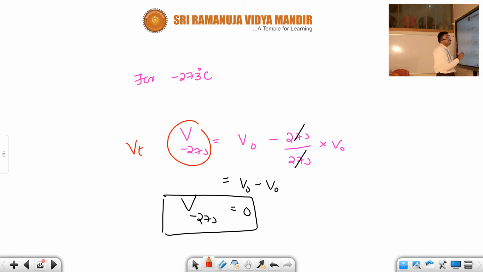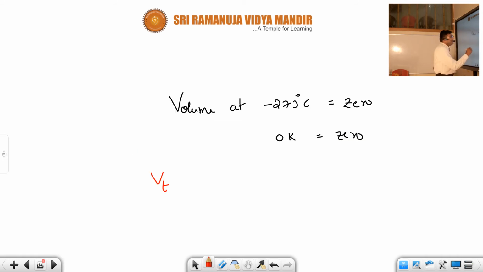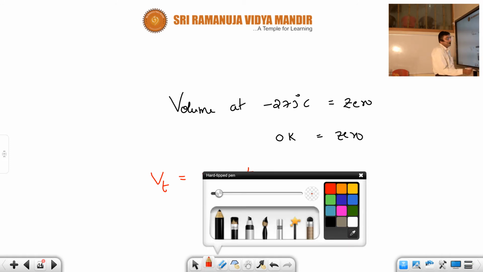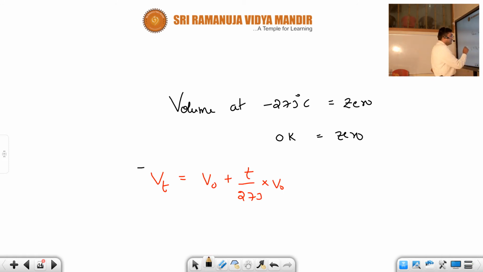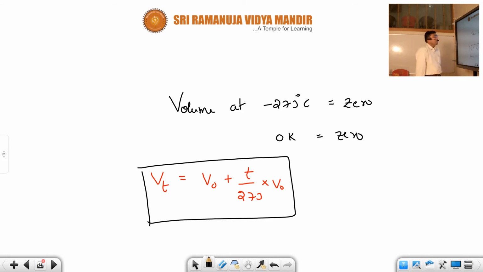For example, if we take Vt, it will become Vt is equal to V0 plus t by 273 into V0. I hope you understood, students. This is a very, very important derivation, which you have to memorize.